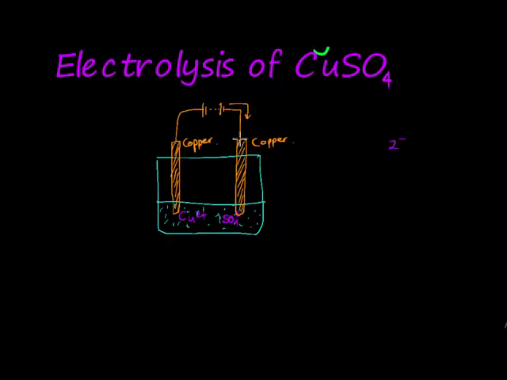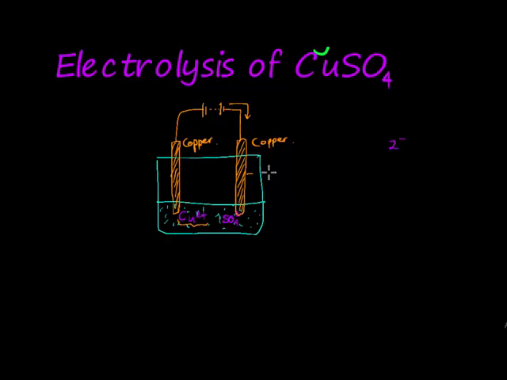This is the flow of electrons, which means that this will become negatively charged as it receives electrons from the cell or the battery. Then as it has electrons, the positive coppers will be attracted to the negative charges, and so copper will tend to go towards the copper and receive electrons.